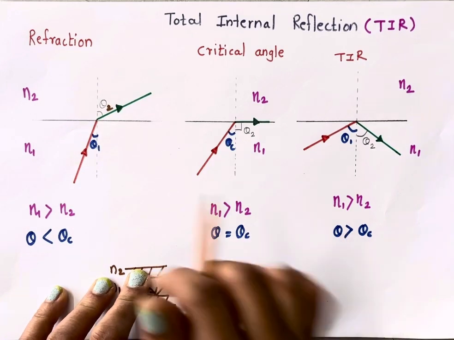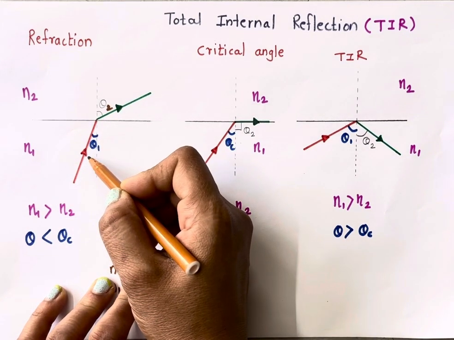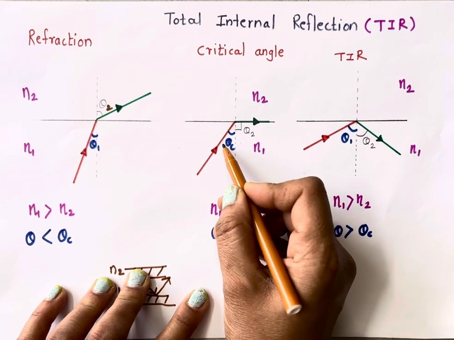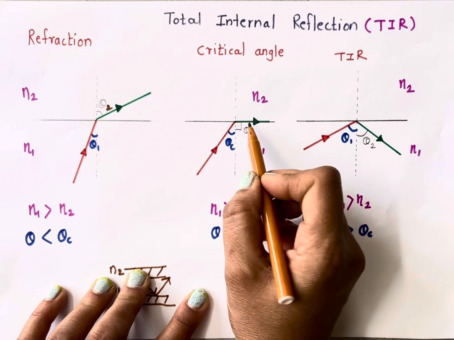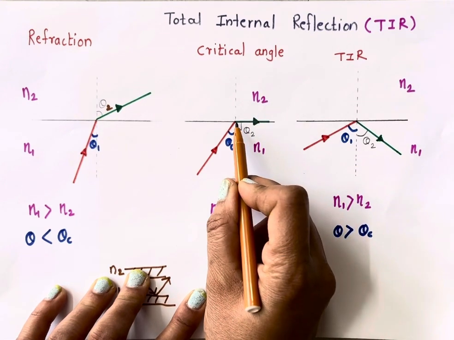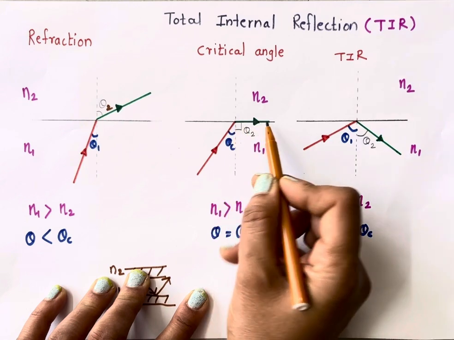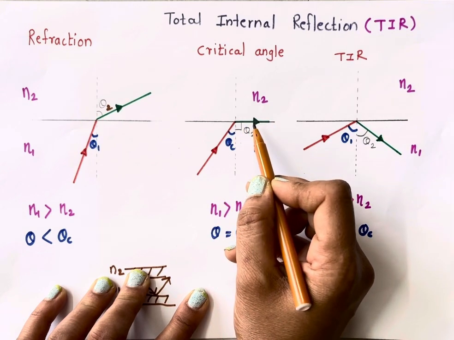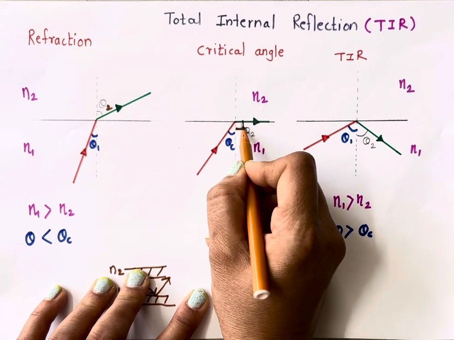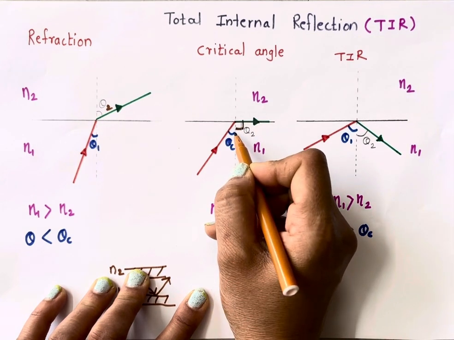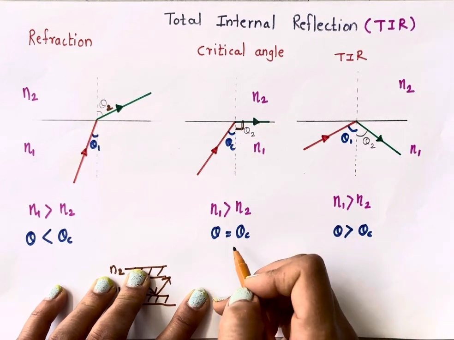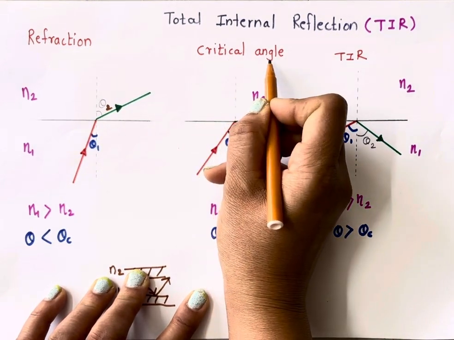Then when we keep on increasing the angle of incidence, then at one particular value of incidence angle, the light ray does not enter into another material, but it travels over the core cladding interface, or we can say it makes 90 degrees angle with the vertical axis, and this is called as critical angle.